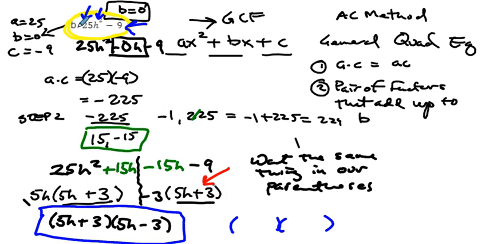You can say, well, if that's 25, you take the square root, you put both of those here. You take the square root of your variable. Square root of h squared is h. And then square root of 9 is 3. And then you just do the difference of squares. So difference, different signs. So plus, minus. And then that will get you right to this form.